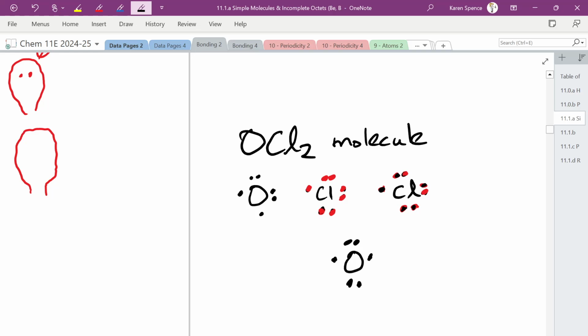And I've put the 2 unpaired electrons on either side, but it doesn't matter if you chose to put one on the top and one on the side, that would also be fine. Okay, and we could then put our chlorine here.